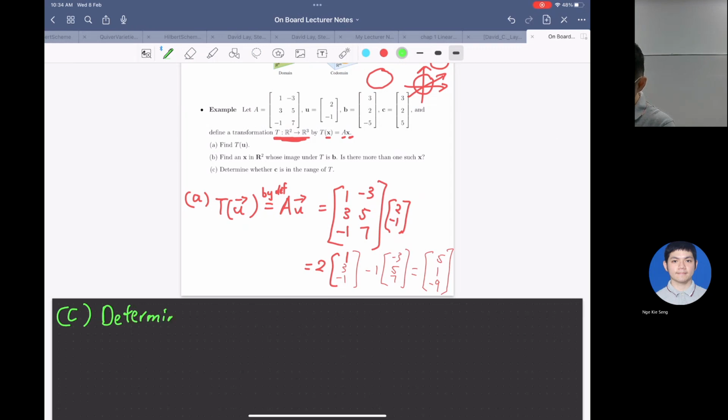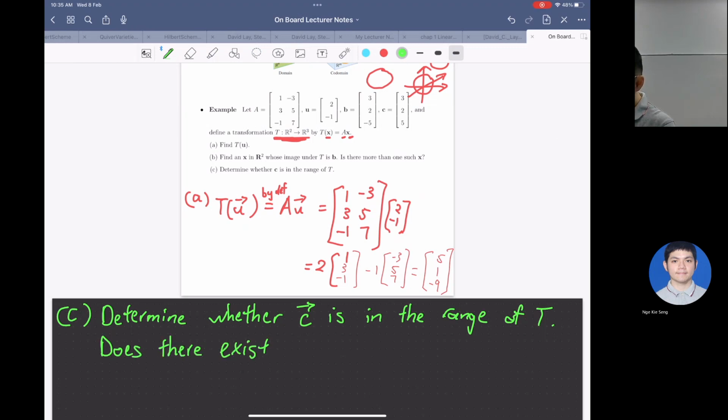Determine whether C is in the range of T, meaning does there exist an x such that Tx equals C?